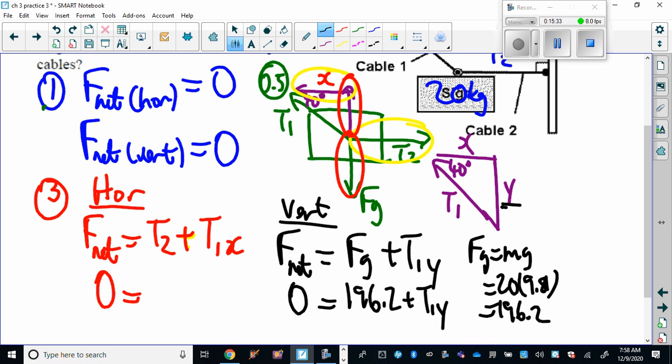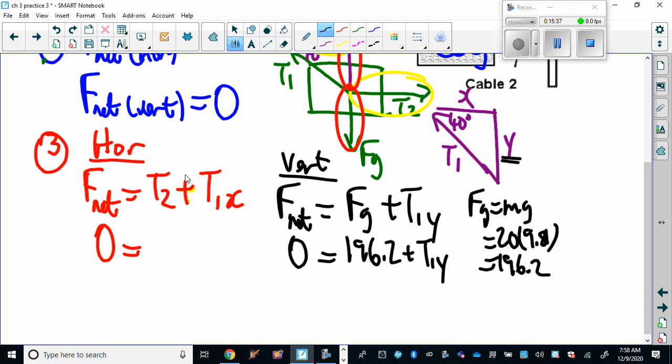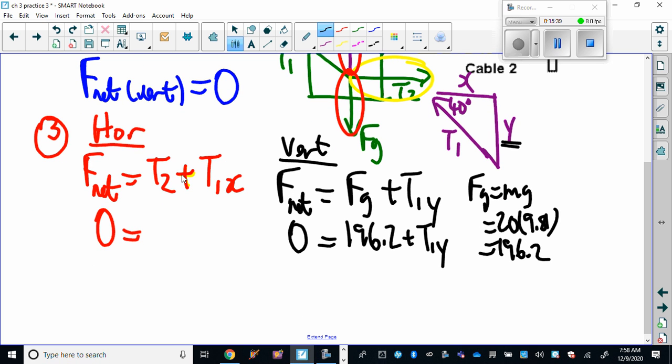In other words, this y right here, and that is going to enable us to calculate everything else. So T1y equals, well, this should be negative actually, because that's going down, so it equals positive 196.2 newtons right here. And now you've got the missing piece of your right angle triangle, and you can use trigonometry to figure out what T1 is.